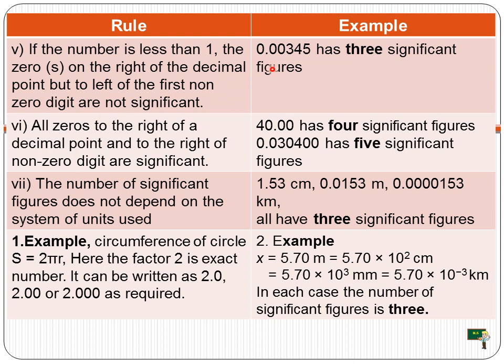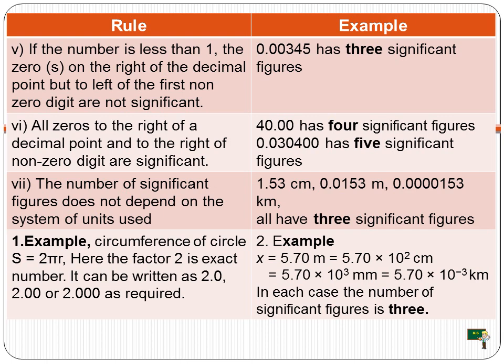See, this is 0.00345, that means it is less than 1. Here these zeros are not significant figures, but 3, 4 and 5 are significant figures. So these are properly one word questions. So take care of these significant figures.